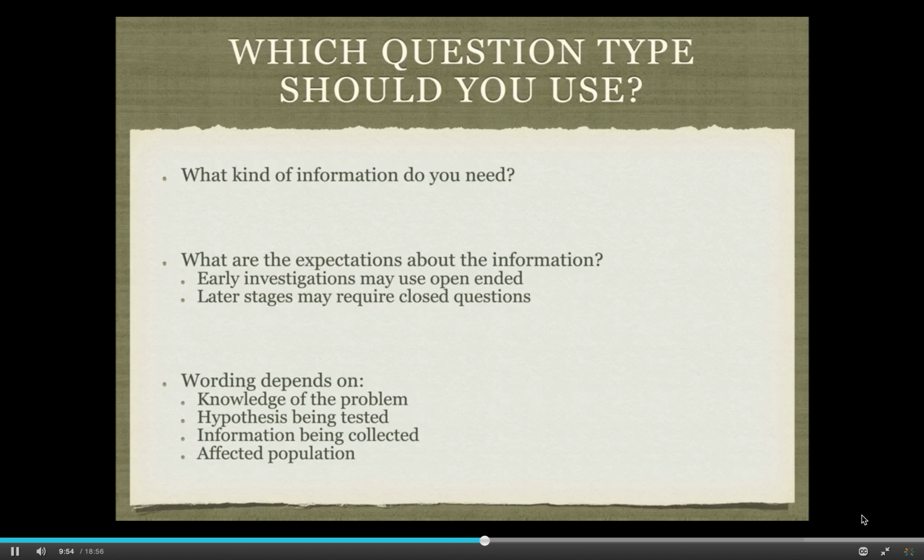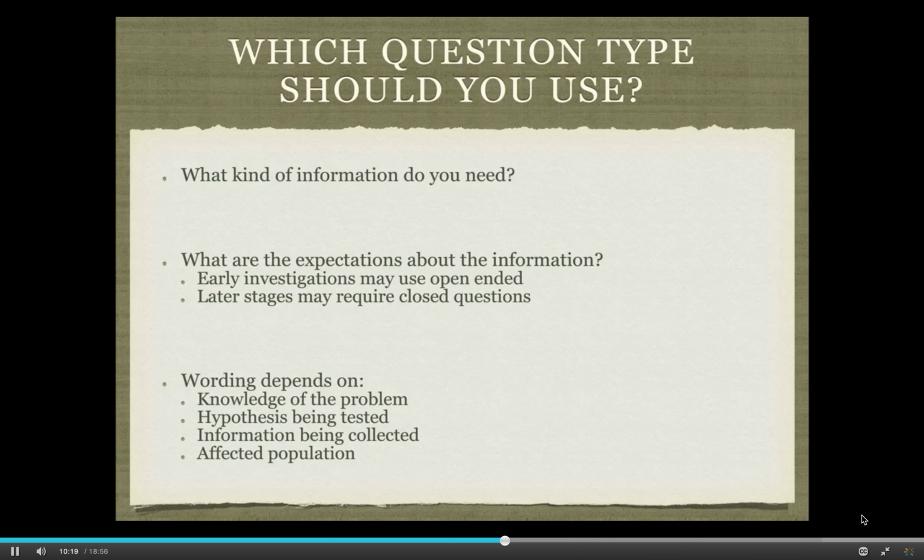If it is a later investigation where you are investigating the relationship between two variables that you are quite aware of, that there is a relationship based on your literature review, then you might want to use your close-ended questions.